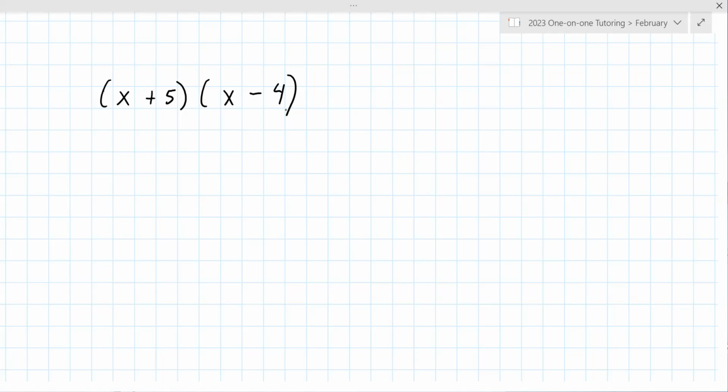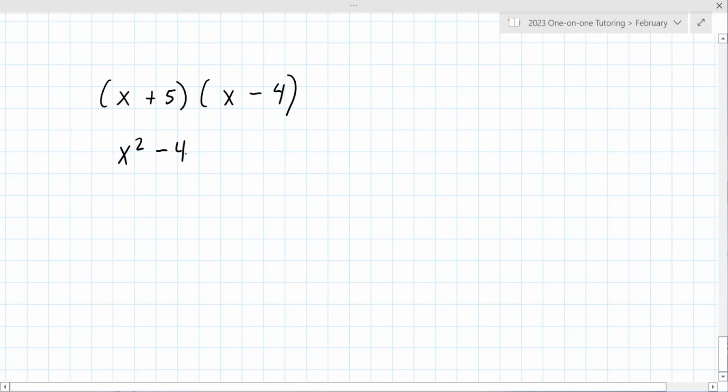It would be the x squared. Good, -4x, perfect. Yep, keep going. 5x. Okay, and then -20. Yes, yes.